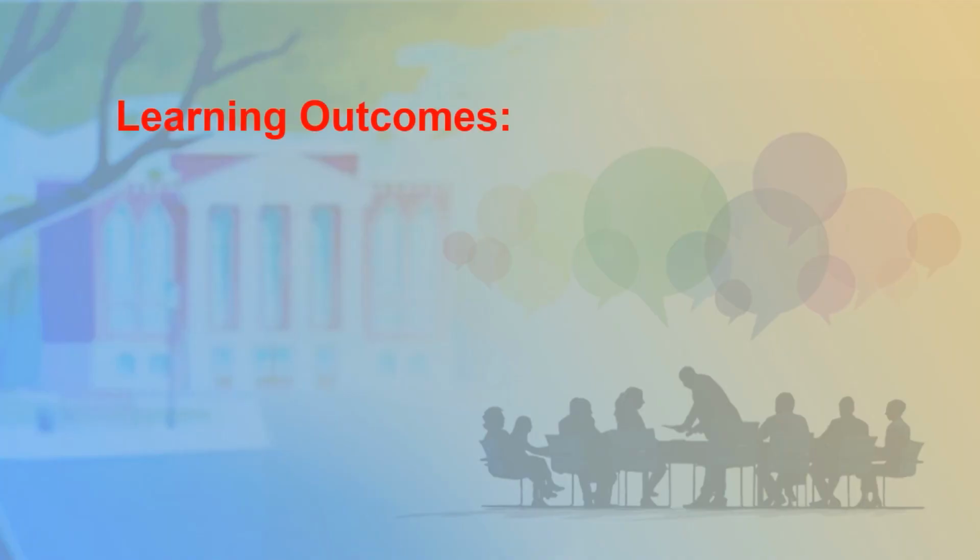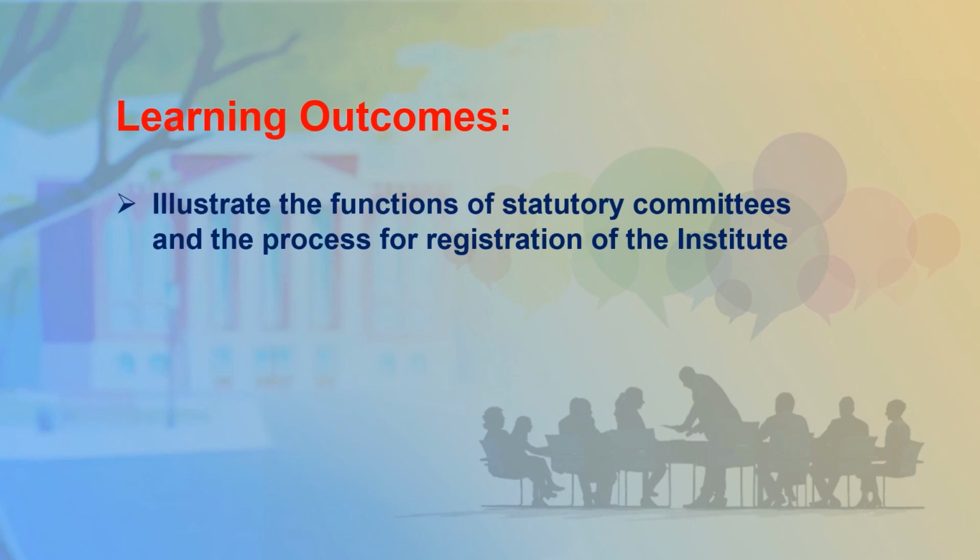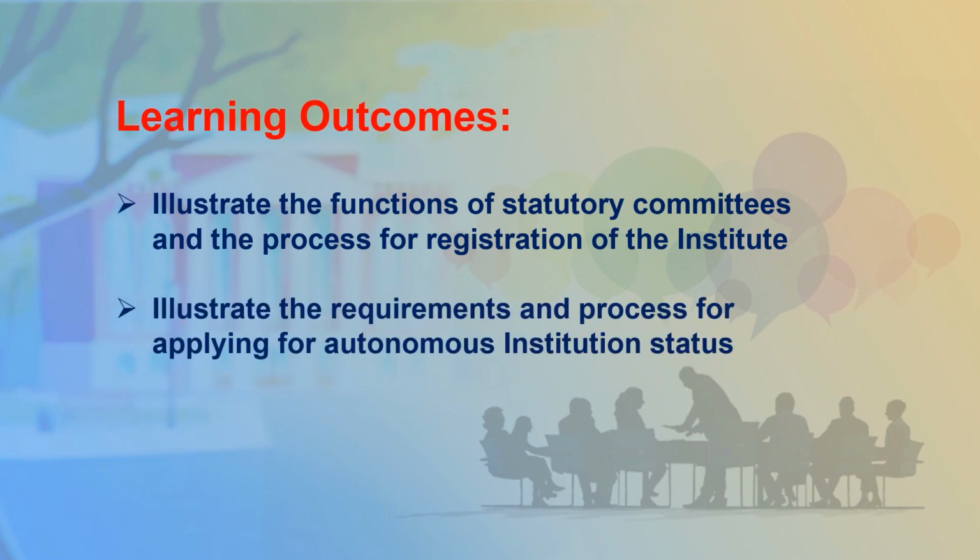Learning outcomes are: illustrate the functions of statutory committees and the process for registration of the institutes for autonomy, and illustrate the requirements and process for applying for autonomous institution status. Friends, we know the composition of 4 statutory committees. Let us know the functions of each of them.